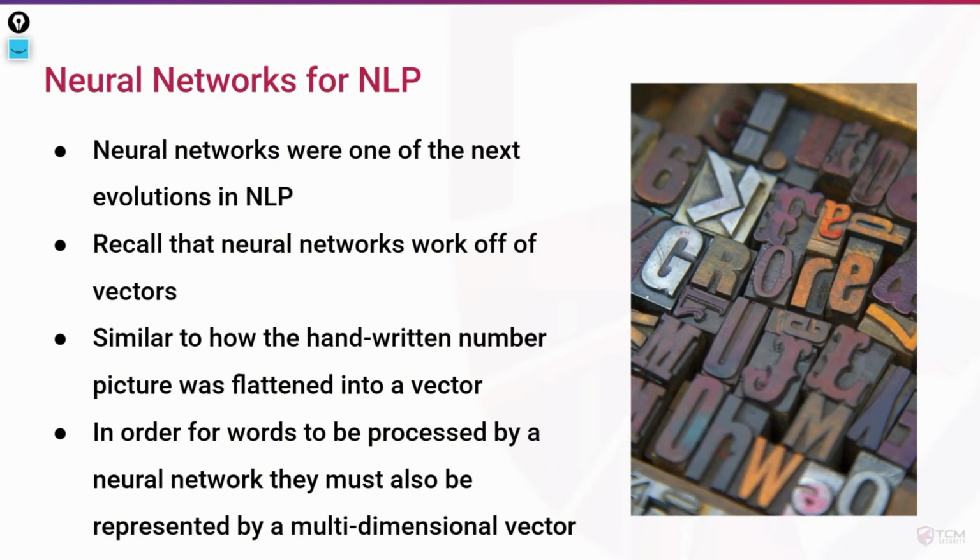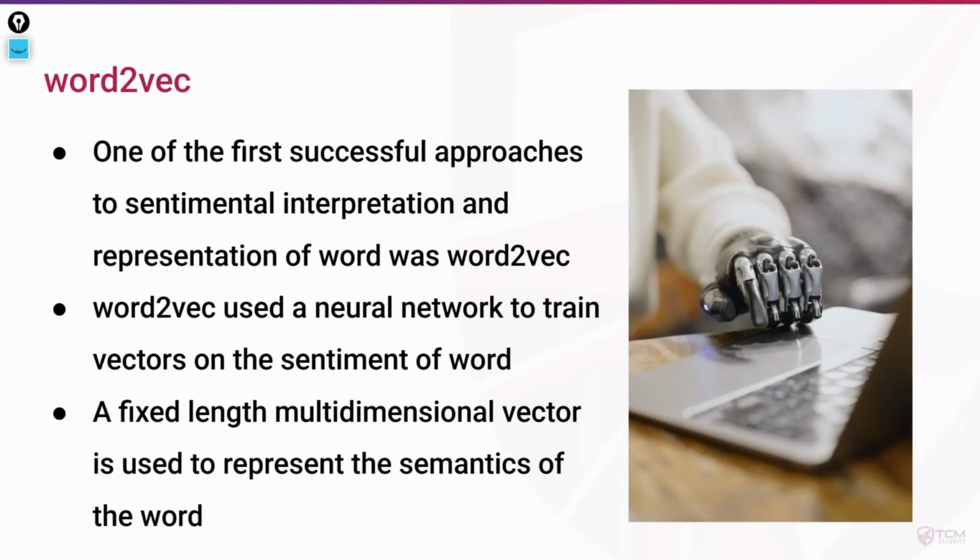The same goes for using neural networks for NLP. In order for the words to be processed by a neural network, they must actually be represented by a multi-dimensional vector. One of the first successful approaches to semantic interpretation and representation of a word was Word2Vec.